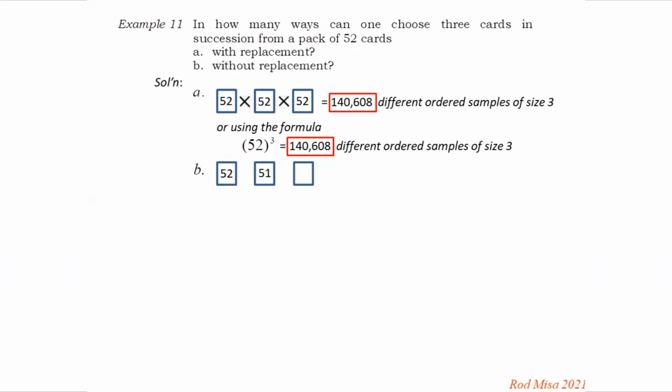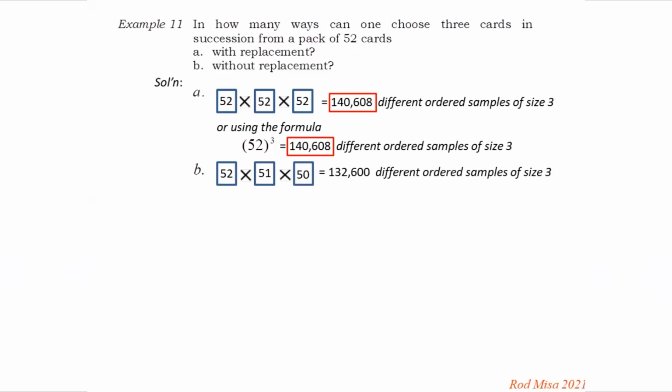And also, for the third card, there will be only 50 choices because 2 out of 52 cards were already chosen during the first 2 draws. And multiplying these numbers, you can have 132,600 different ordered samples of size 3.